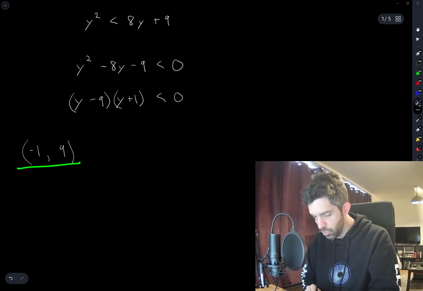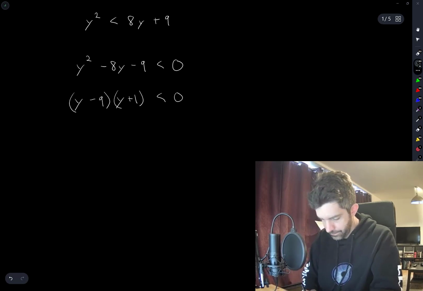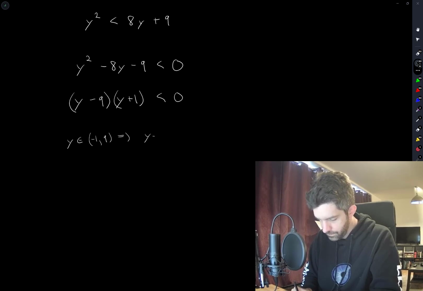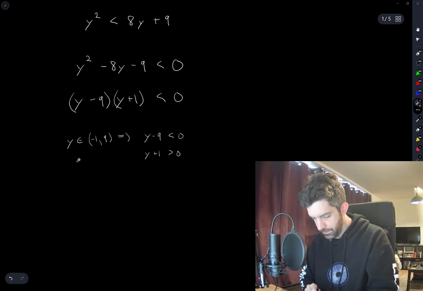If y is between -1 and 9, in fact, why don't I just think of this as this open interval? So if y is in this interval, then this will be negative and that will be positive, and this is satisfied.